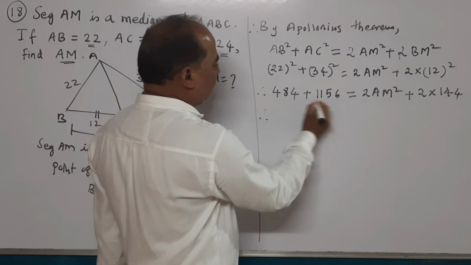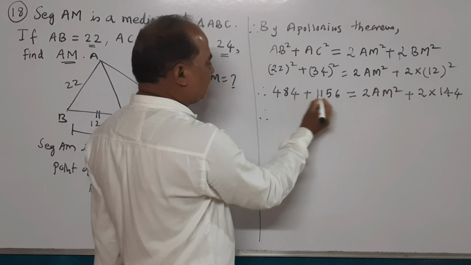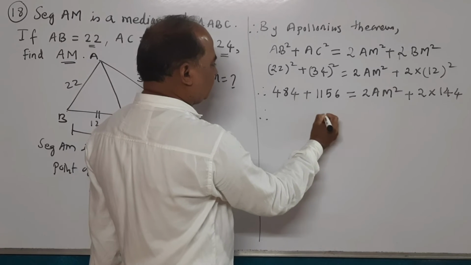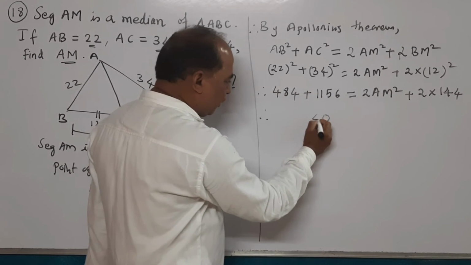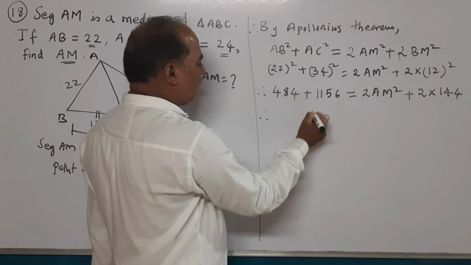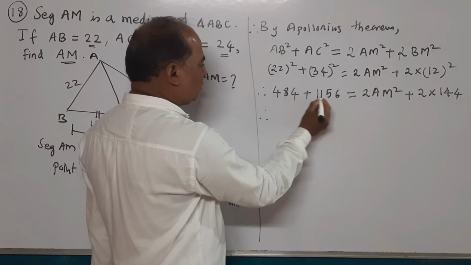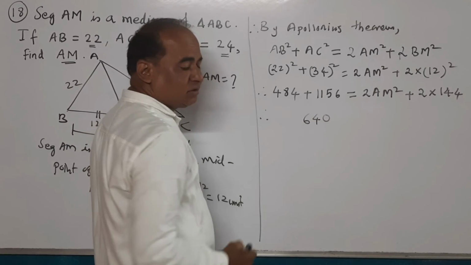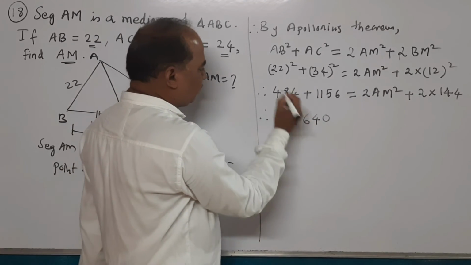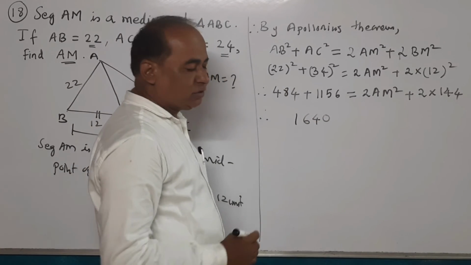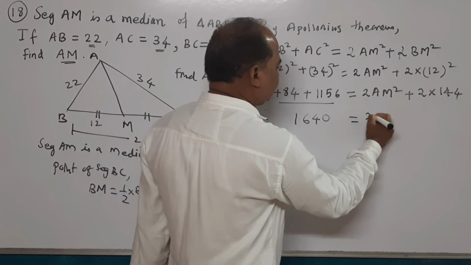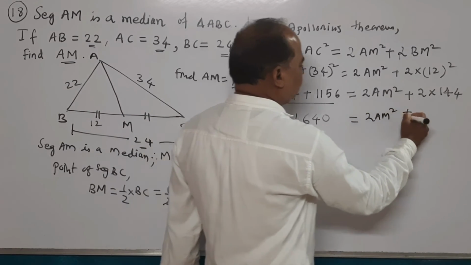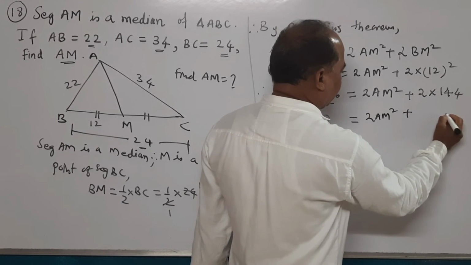Now adding the left hand side numbers, we get 1640. So 1640 is equal to 2 times AM square plus 2 into 144.